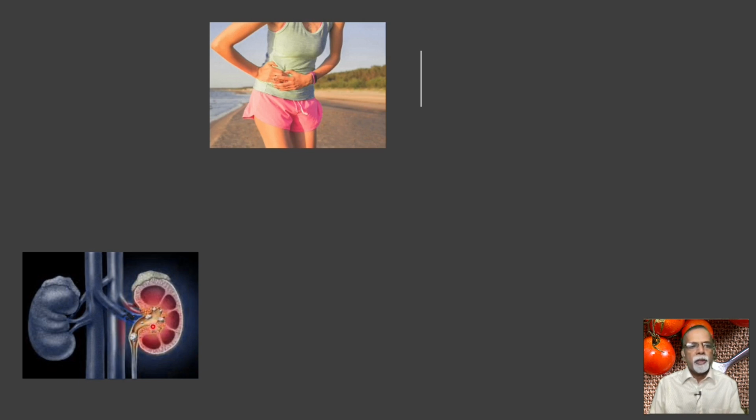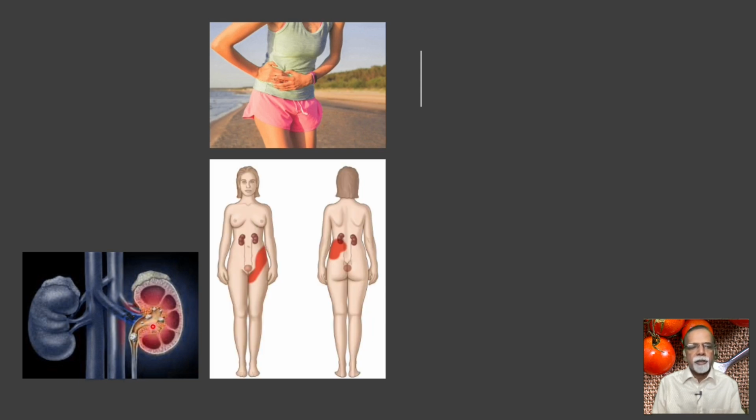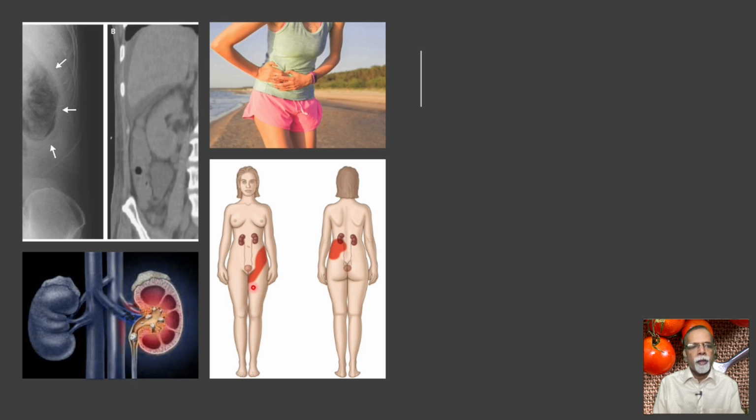When it moves down the ureter, it produces severe pain. That pain is called renal colic, and renal colic has a characteristic distribution. It's an excruciating pain starting in the loin region and going down to the groin. So it is called loin to groin pain.